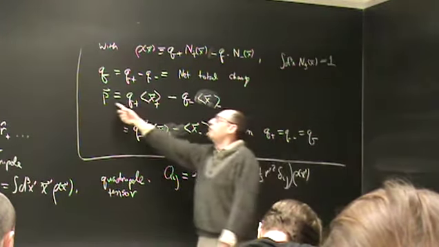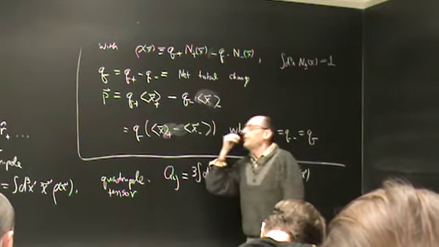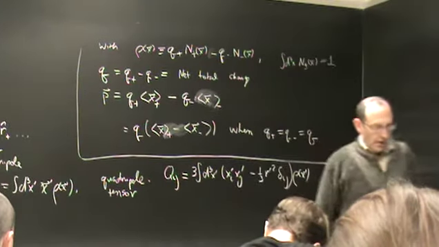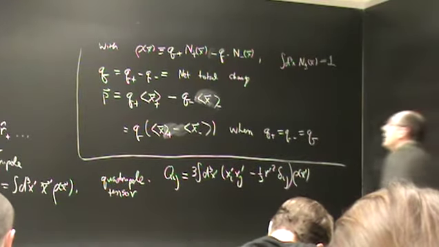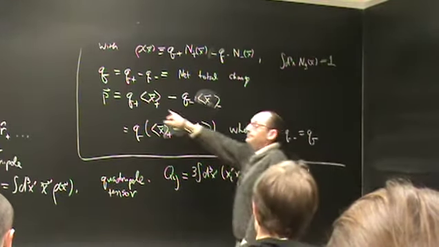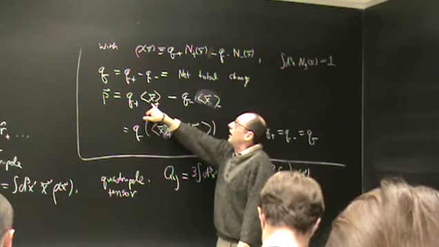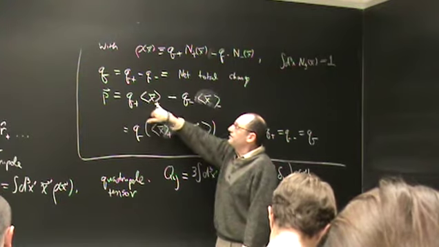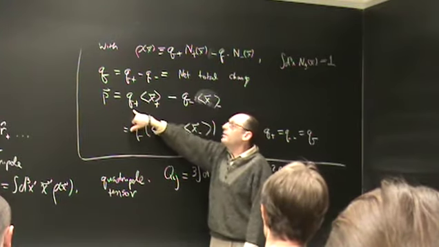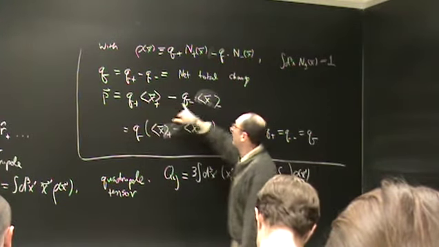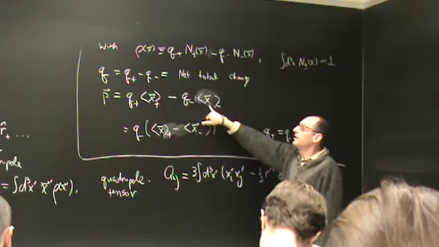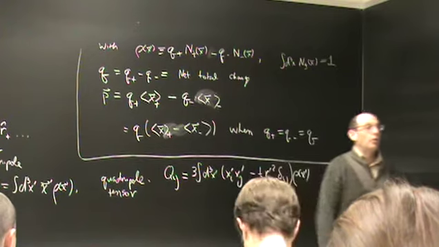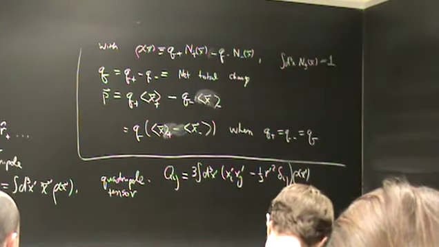The dipole vector represents something about the position of those charges relative to the origin, so I look at the average position of positive charge weighted by the total amount of positive charge minus the average position of the negative charge weighted by the total amount of negative charge.